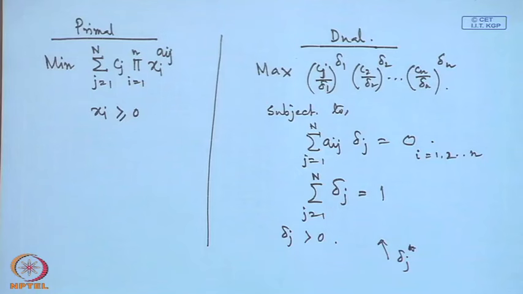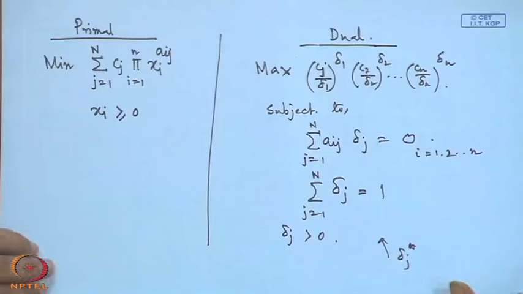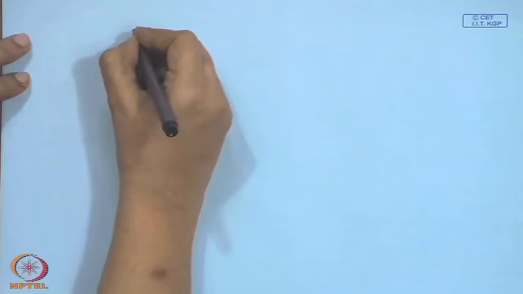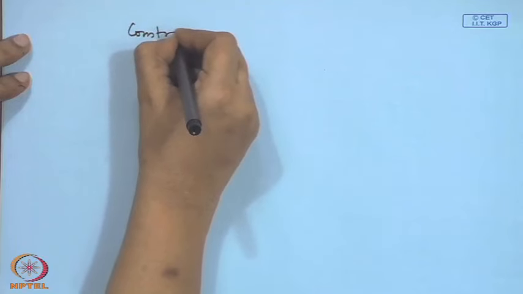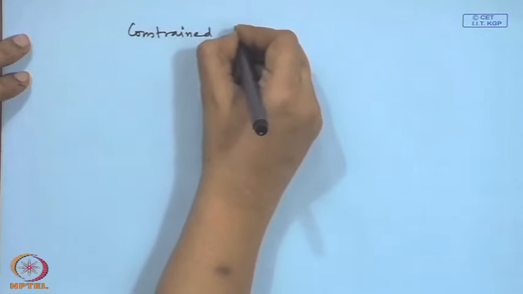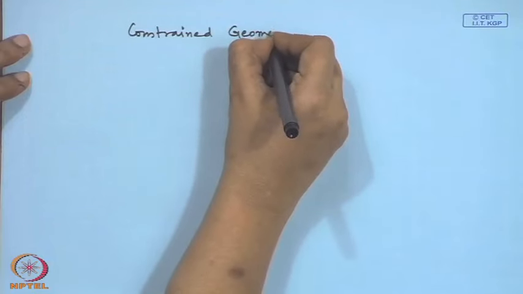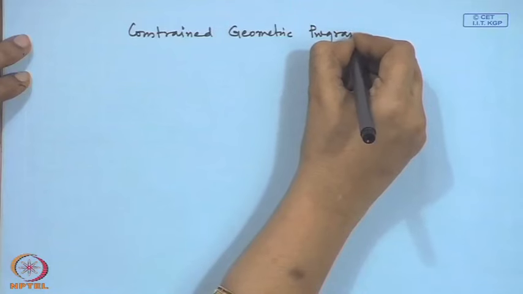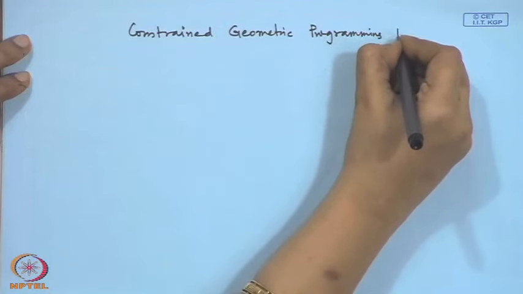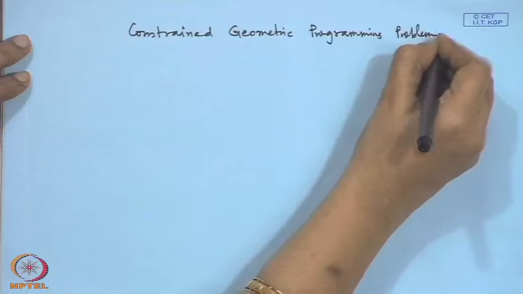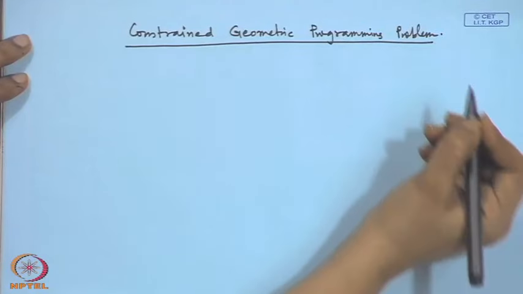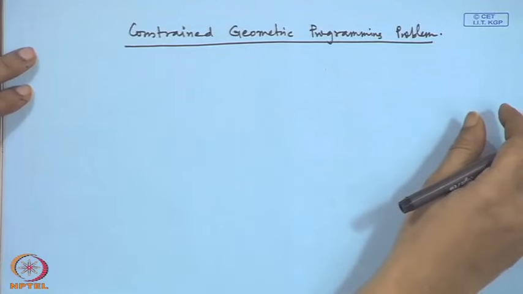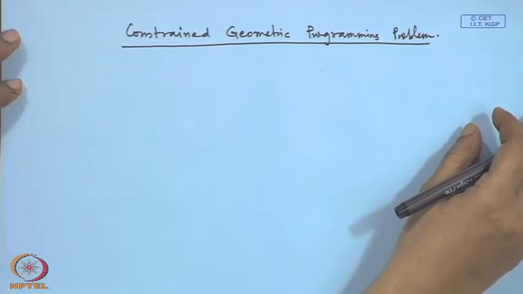Now, we can extend this idea further to the constrained geometric programming problem as well. How to do that? Let us consider a general kind of constrained geometric programming problem, where we have the objective function as well as the constraints of that geometric program.